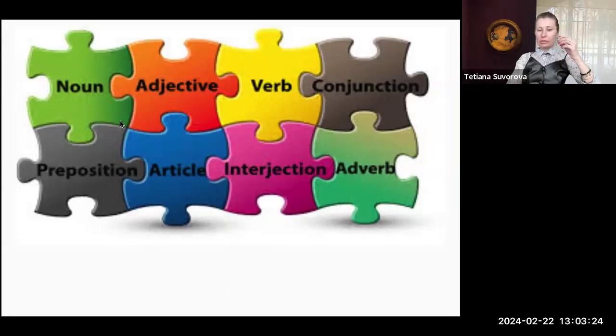And these notional parts of speech cannot exist without these functional parts of speech in the sentence, because they communicate between each other and create the idea and transmit some situation, idea, emotion, or whatever we need in speech.